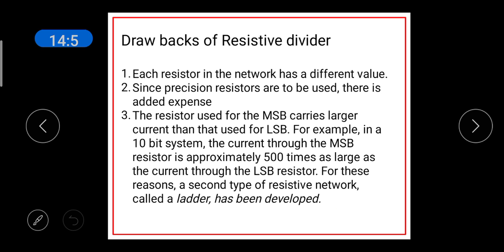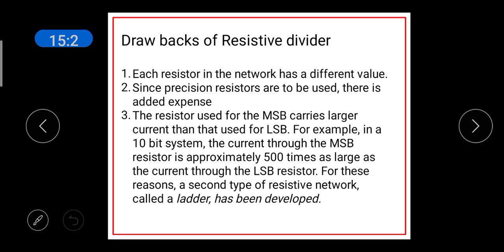Now, the drawbacks of the resistive divider are: each resistor in the network has a different value. Since precision resistors are to be used, there is added expense. Then the resistor used for the most significant bit carries larger current because its value is low compared to that used for the lowest significant bit.